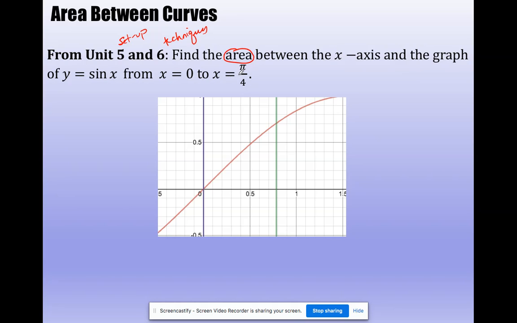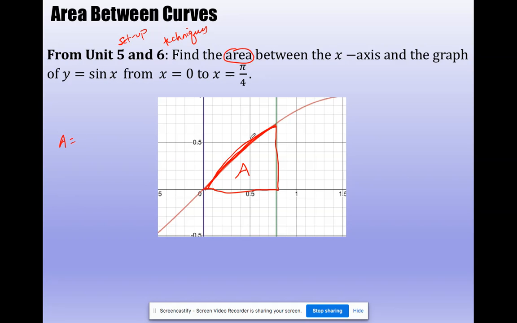So if I just said find the area and I gave you this picture, and maybe even I called that area A, now this is a blown up picture of sine, so this is curved, sine x. So if I did this, I would say set up the integral for this area, and hopefully you would do this.